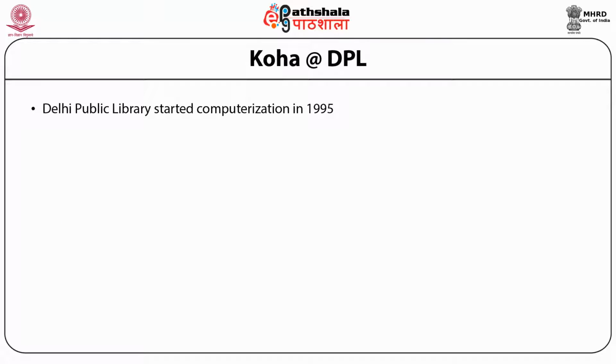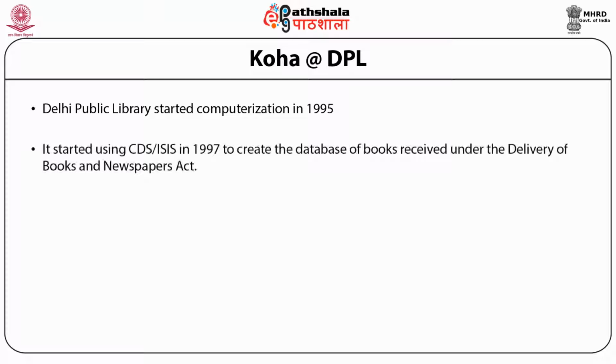Delhi Public Library started computerization in the year 1995, and in 1997 it started using CDS-ISIS to create the database of books received under the Delivery of Books and Newspaper Act.